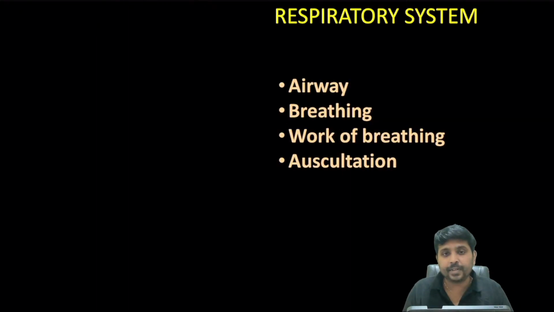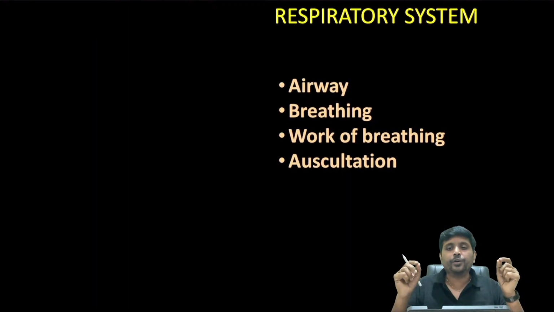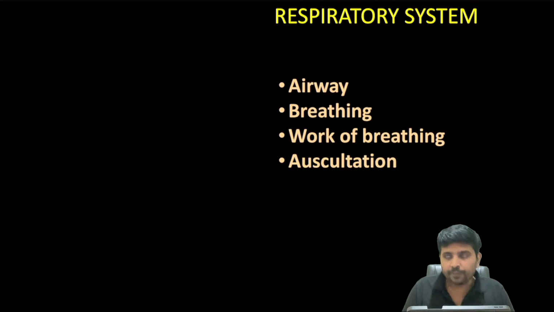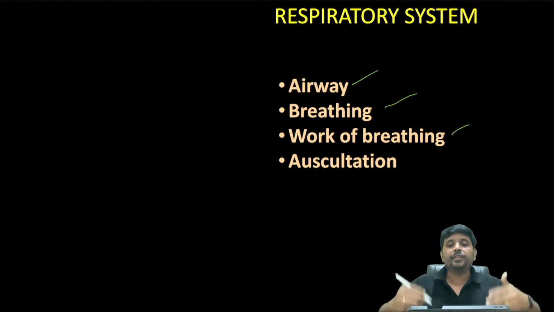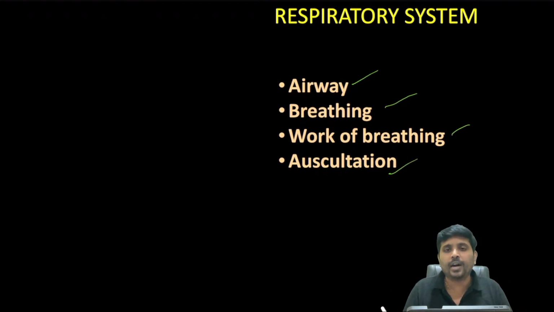Second one, respiratory system. How are you going to assess the respiratory system? First, general well-being you have assessed. Now you are going to assess the respiratory system. The respiratory system is assessed in the following order. How is the airway? How about the breathing? How about the work of breathing or retractions? And finally, you auscultate.